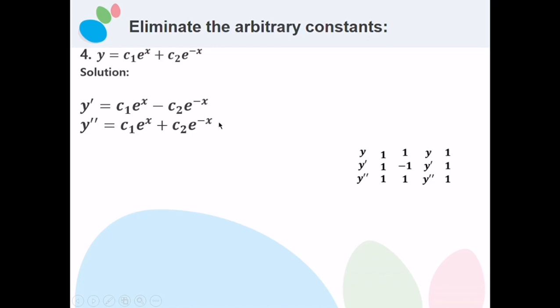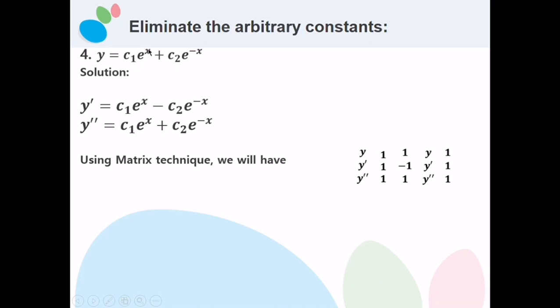Okay, so again, using the matrix technique, we copy y, y prime, y double prime. For the coefficient of the arbitrary constant c sub 1, what are the like terms? The like terms here is c sub 1 e raised to x. All the equations, the first equation, second equation, and the third equation, have c sub 1 e raised to x.